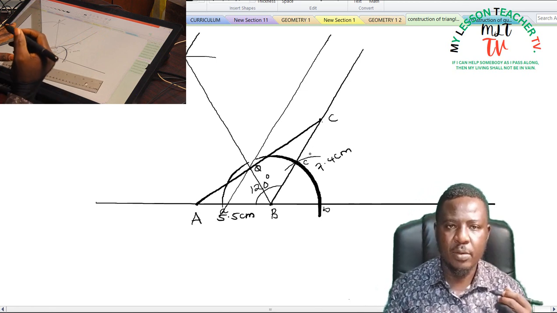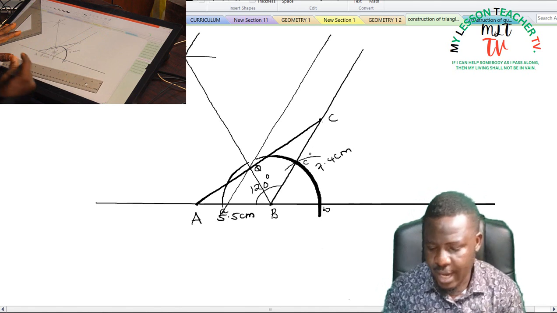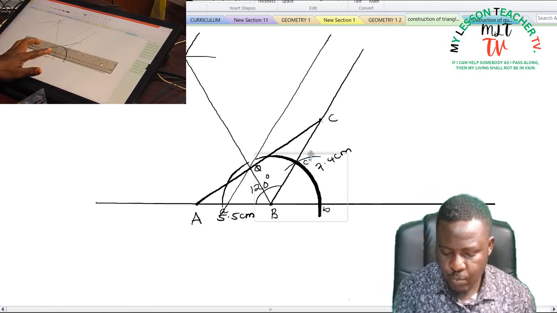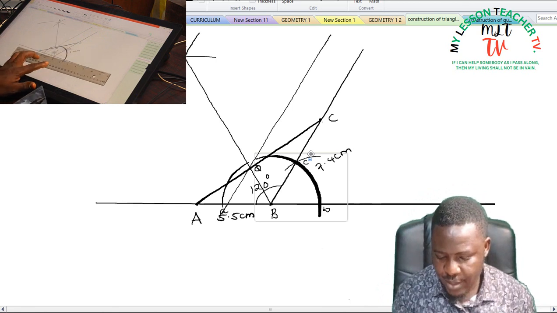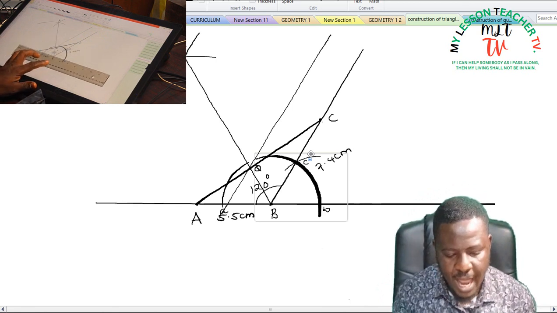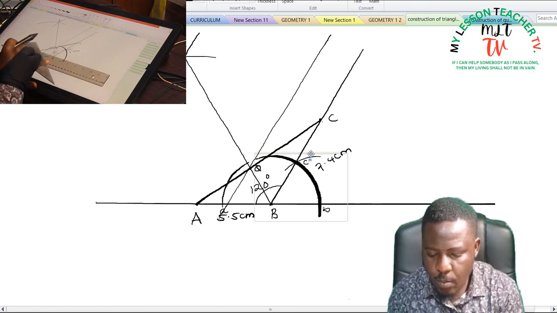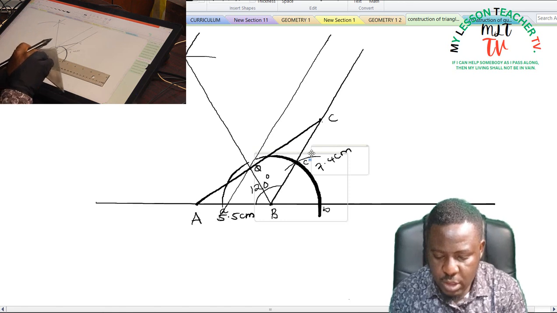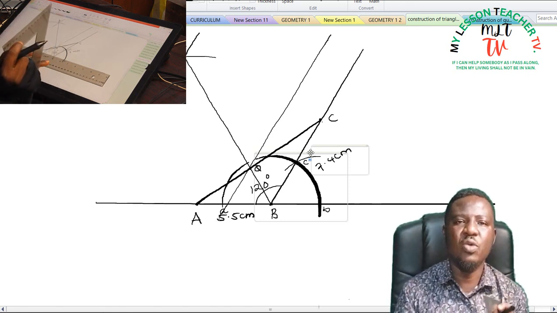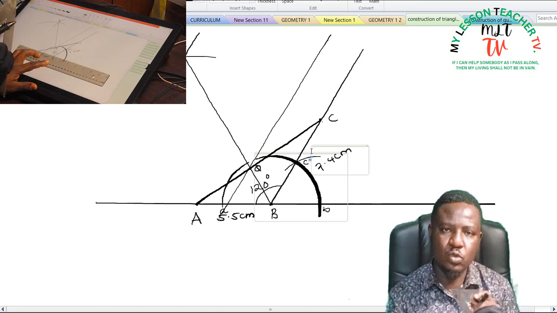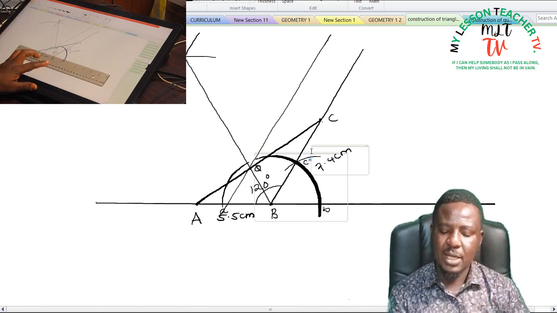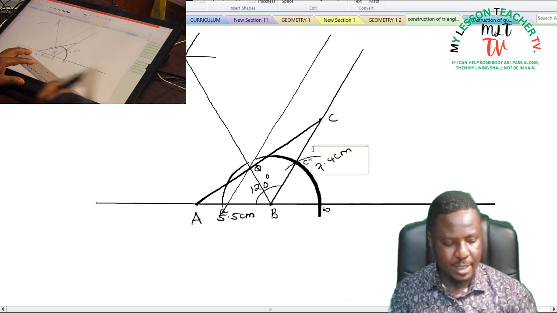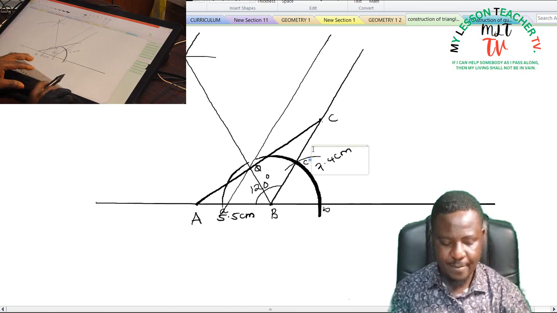Another way you can construct this parallel line is to align your ruler directly on AB and copy line AB to be horizontal, parallel to AB, but cutting across point Q. There you can then construct your angle 120 degrees as we did on line AB, and that way you can draw a parallel line.